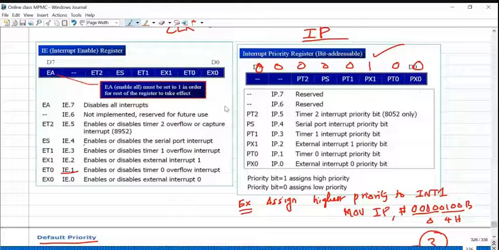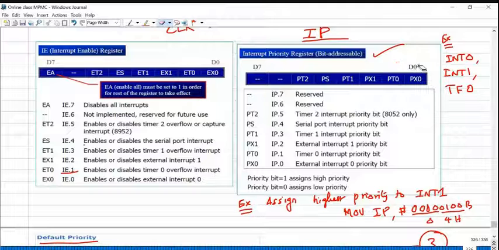Second example. Suppose you are assigning the priority bit for INT0, next INT1, next TF0, activated at the same time. Now what will happen?